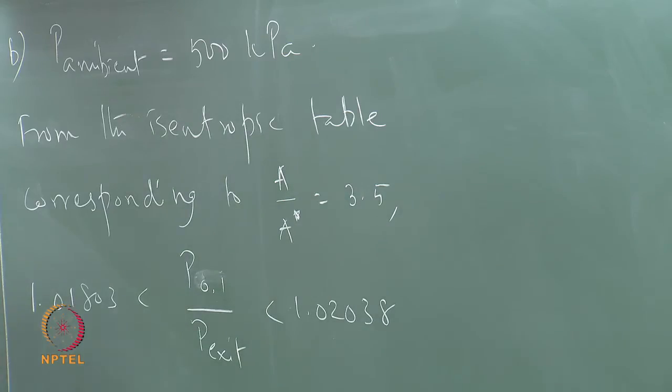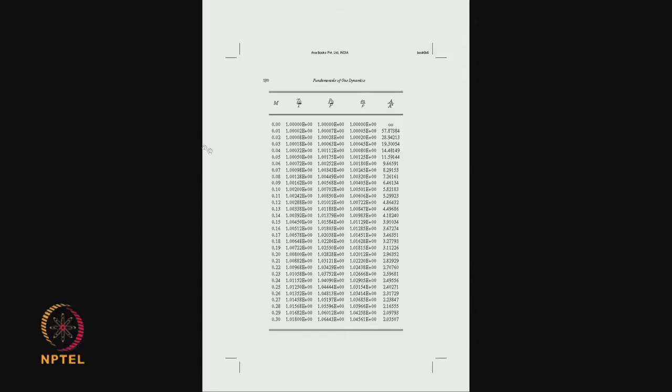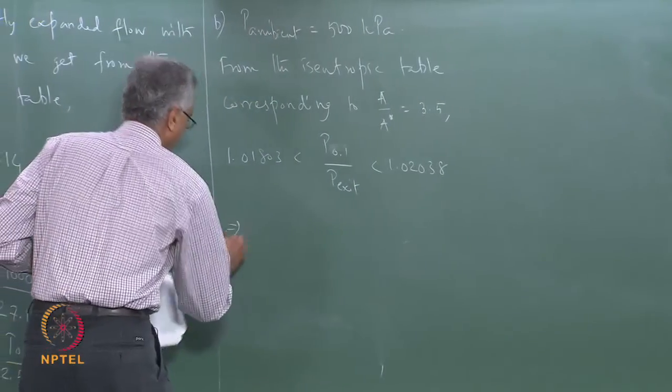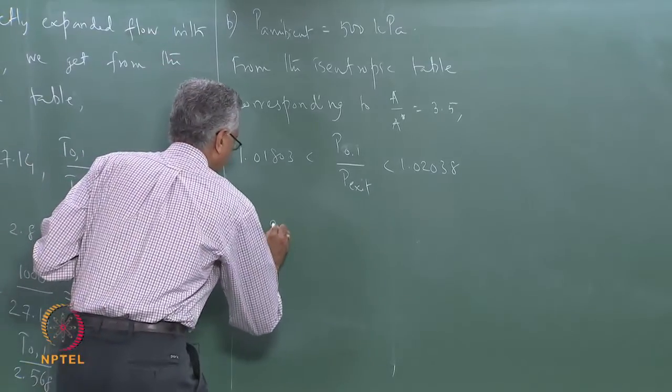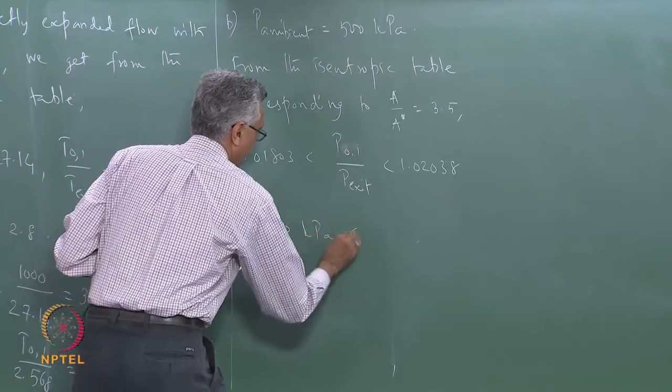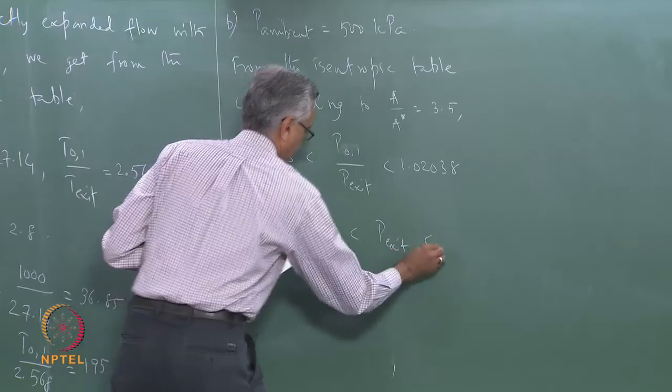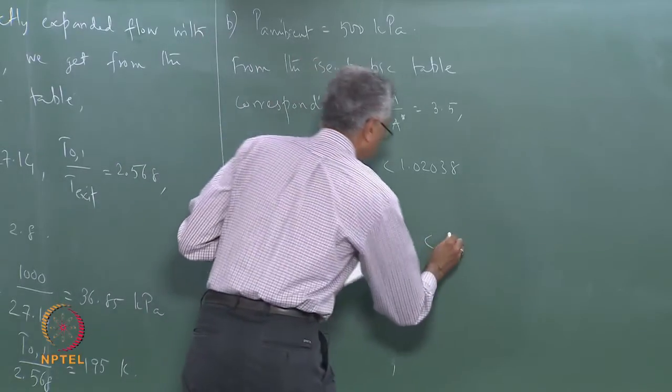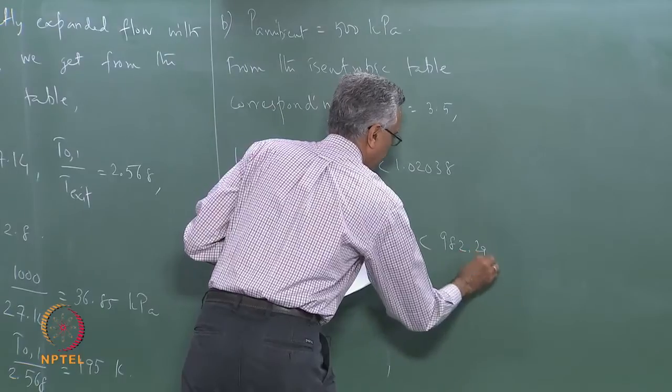Where do these numbers come from? Again, if you go to the table, you can see that 3.5 falls between these two, right. You can see 1.0158 and 1.0238. These are the two values that we are talking about. It falls between these two values, and if you convert this to pressure, then this actually says that the exit pressure lies somewhere between 980 kilopascal and 982.29 kilopascal.